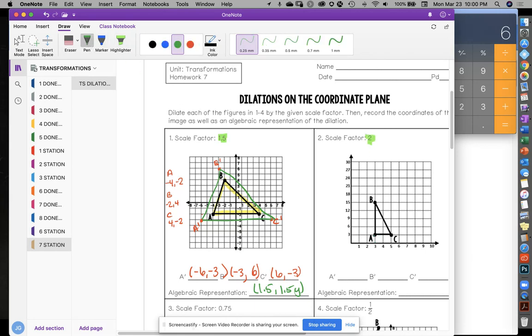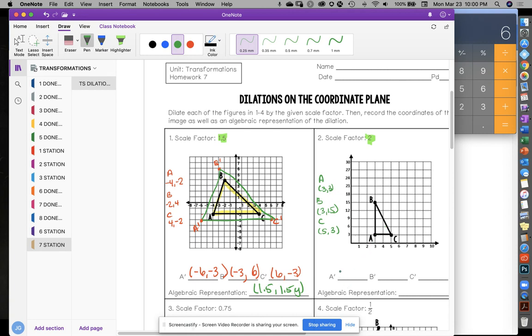All right, so again, I'm just going to do this real quick. My A is 3, 3. My B is 3, 15. And my C is 5, 3. So if I'm going to increase these by 2, which means I'm just going to multiply everybody by 2.